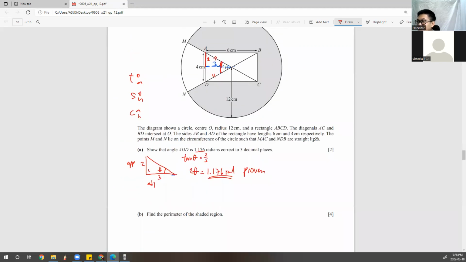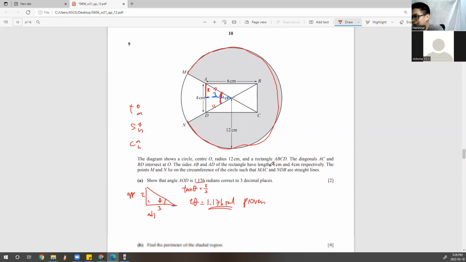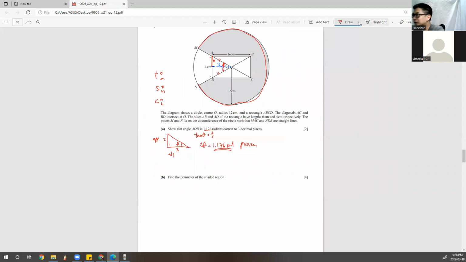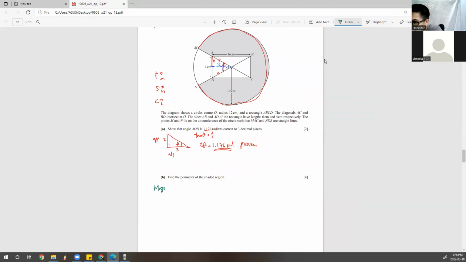Find the perimeter of the shaded region. My goodness. Okay, so for the perimeter of the shaded region, you need to find the arc, right? This huge arc. So the perimeter is supposed to be the major arc plus MA, right?